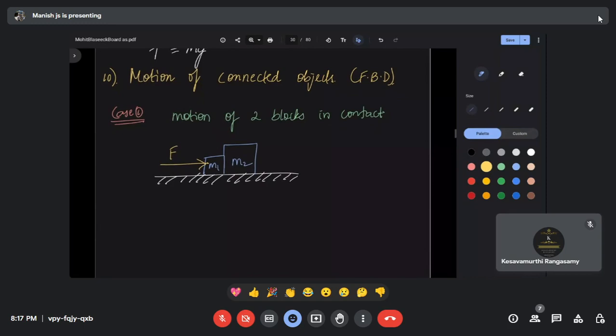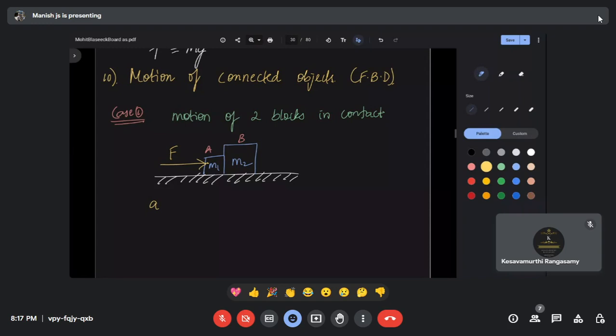Then what is the object's combined acceleration? So we need to write the expression for that. So you have 2 blocks A and B. A has got a mass of M1, wherein block B has got a mass of M2. So what is the acceleration of this block? Very simple. You know that force is equal to mass into acceleration, right?